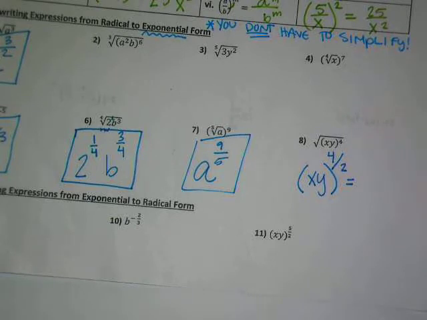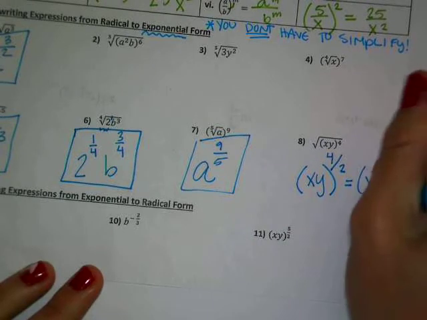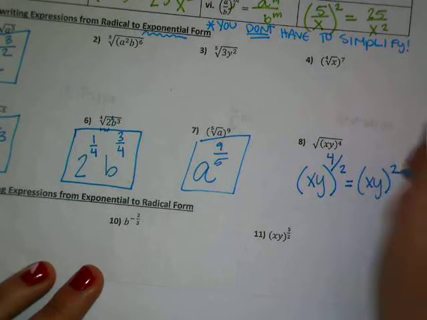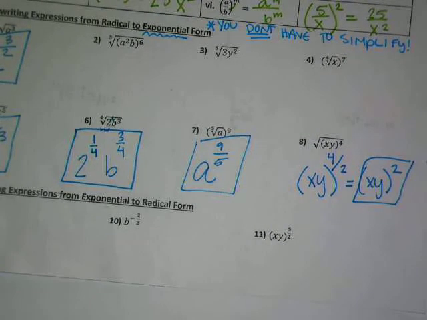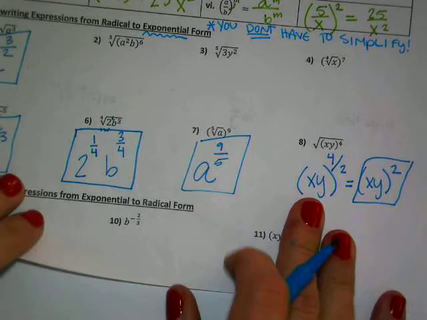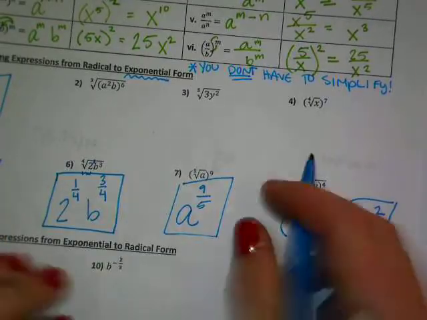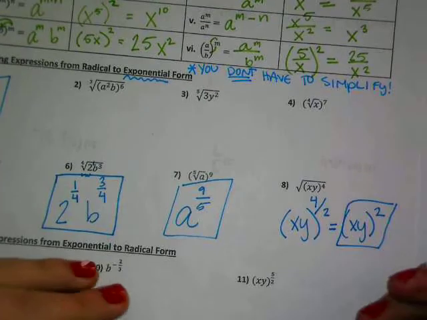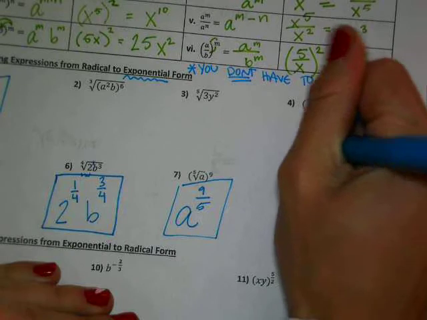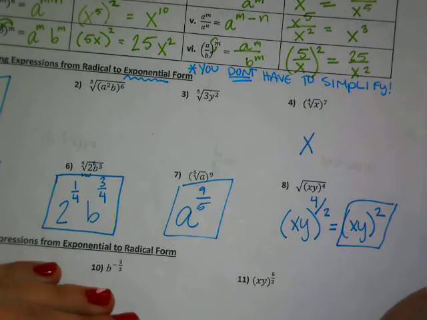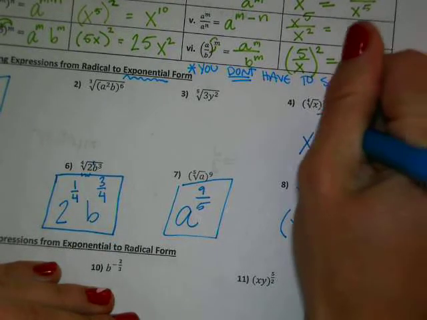What is 4 divided by 2? So you could also write it like that. Is this making sense? All right. So on number 4, how would you write it? 7 over 4. Good.